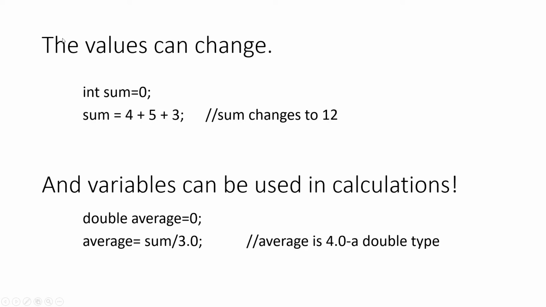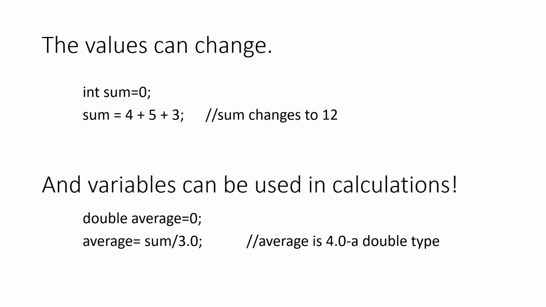Now, variables can change, hence the name variable. For example, sum is initially declared to 0, and then later on, sum is equal to 4 plus 5 plus 3. Note the value of sum will change to 12, but also the sort of backward nature of the statement.